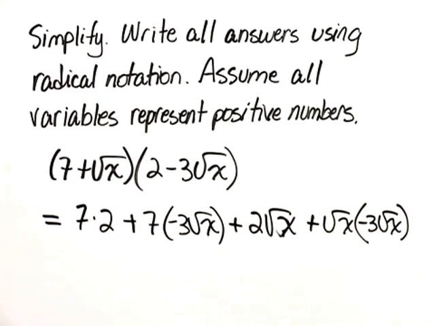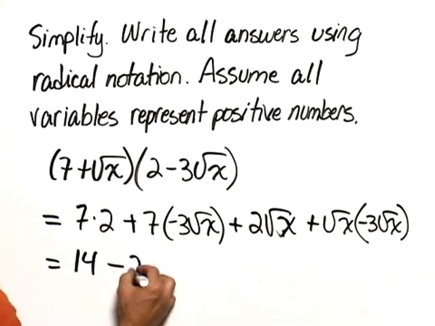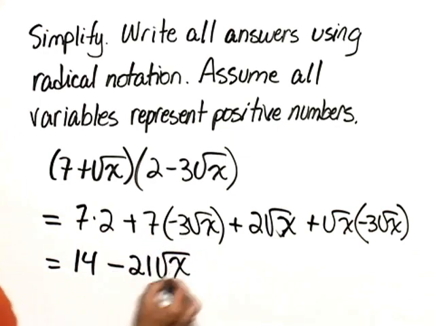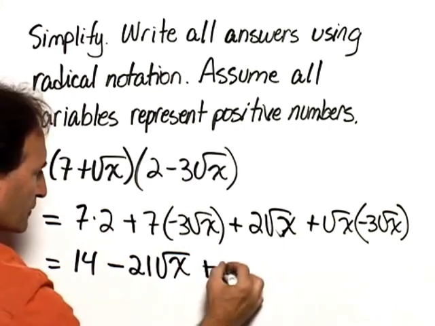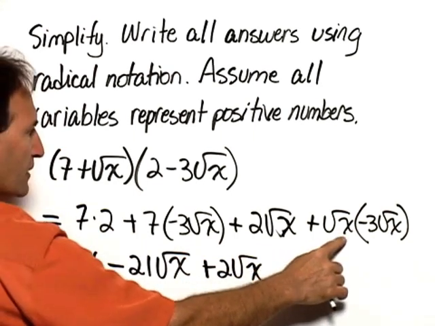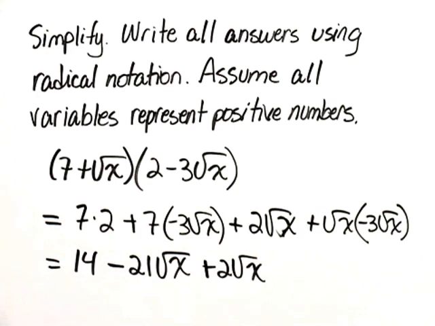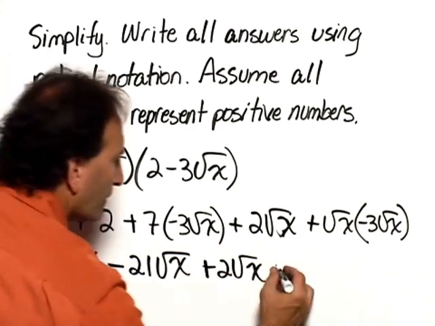Now, simplifying each of these, 7 times 2, of course, is 14. 7 times negative 3 would give us negative 21 times the square root of x. Here we just have plus 2 square roots of x. And when we multiply the square root of x times the square root of x, that becomes the square root of x squared.